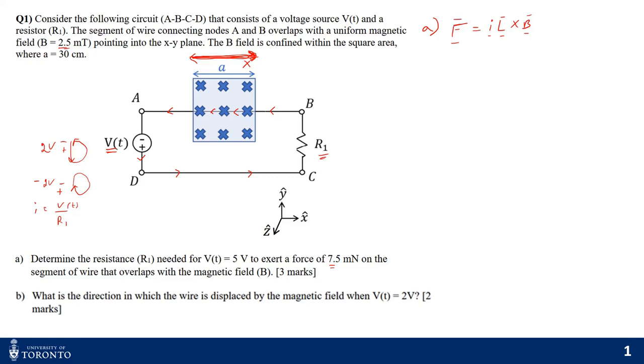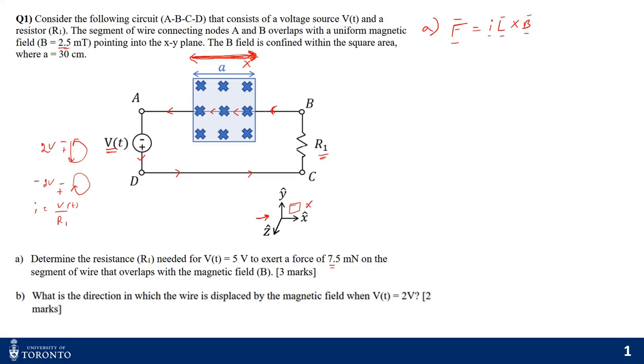And since now you see the direction of the current carrying wire and the direction of the magnetic field, it's perpendicular, right? Let's say you consider this geometry to be in the xy plane as given by this xyz axes, so your circuit is in the xy plane, but the magnetic field is in the negative z, right?